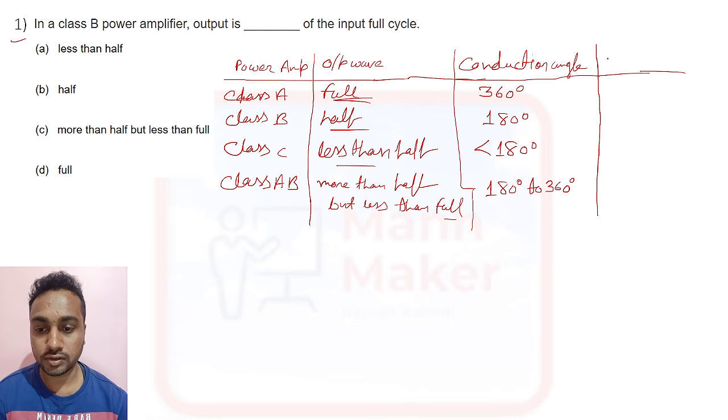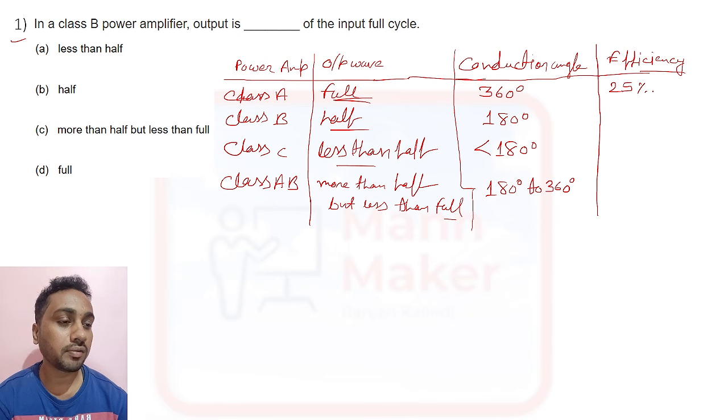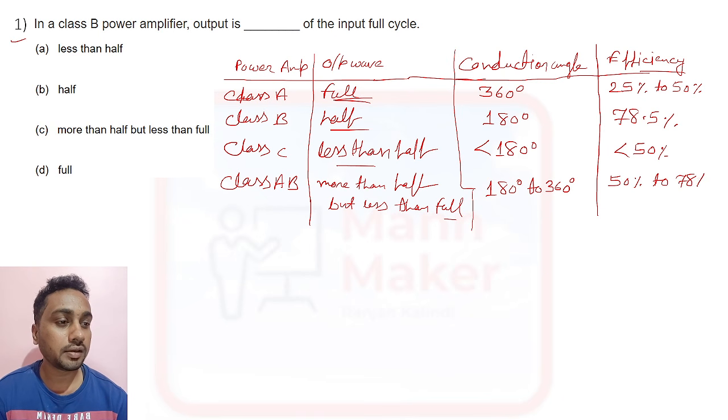And sometimes they will also ask one more thing, the efficiency of the amplifier. In a class A amplifier, efficiency will be 25% to 50%. In class B, it will be 78.5%, and class C is less than 50%, and in class AB it will be 50% to 78%.